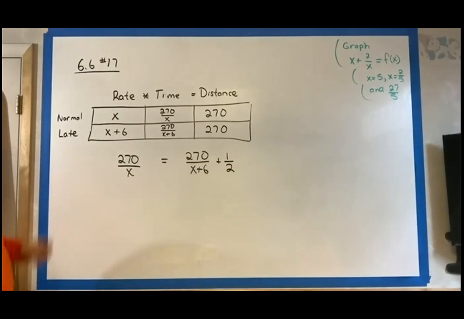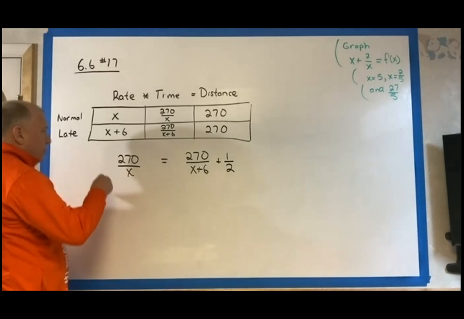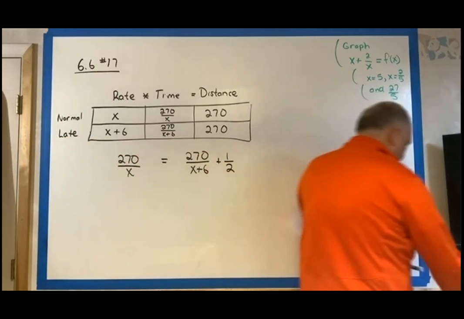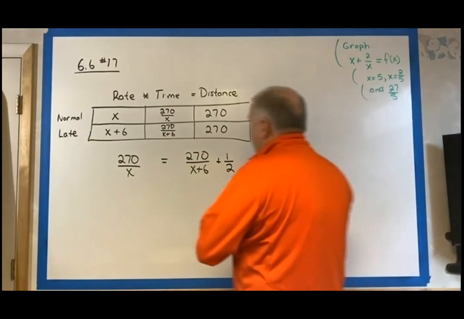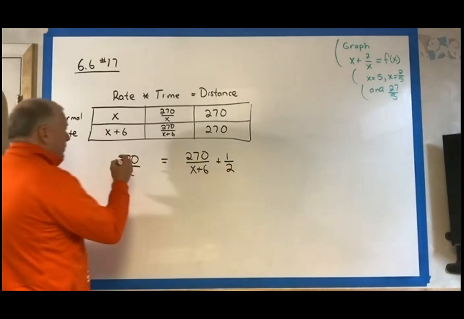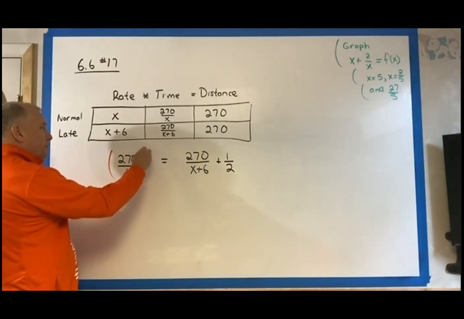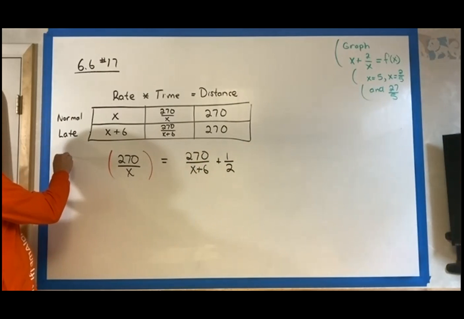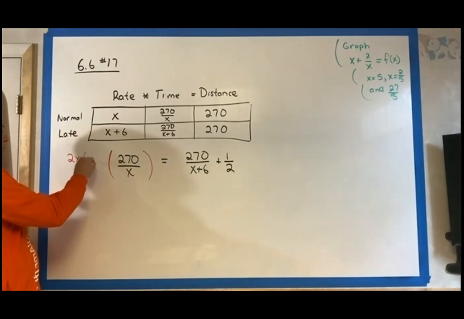Okay, now I feel good about the problem. And we're going to try to do it just like we did the last one. Multiply by the least common denominator. This might make a good graph too. And the least common denominator is 2x, x plus 6.